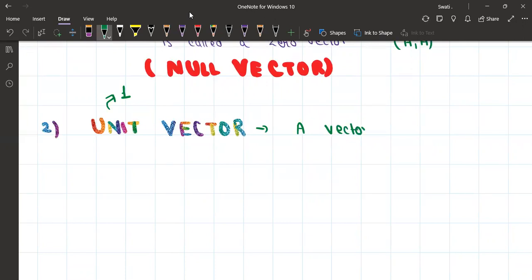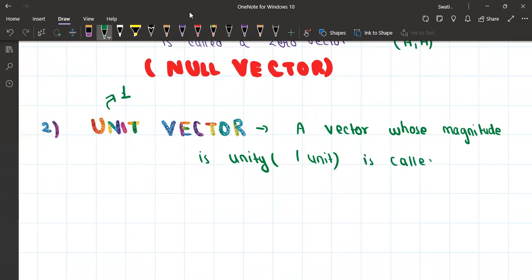So whenever you come across a vector whose magnitude is 1, that is called a unit vector.